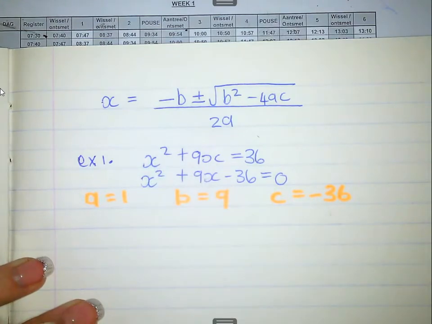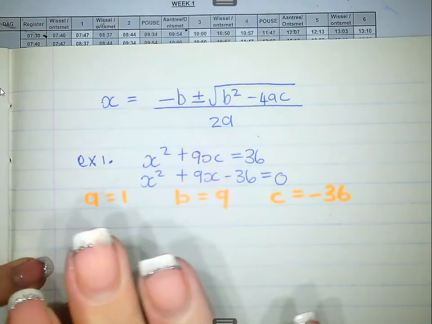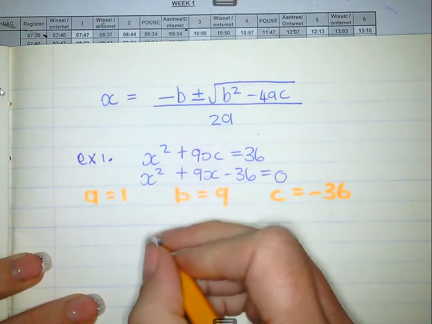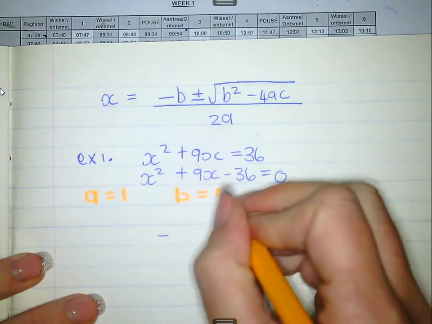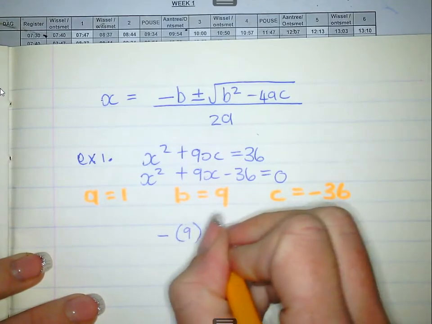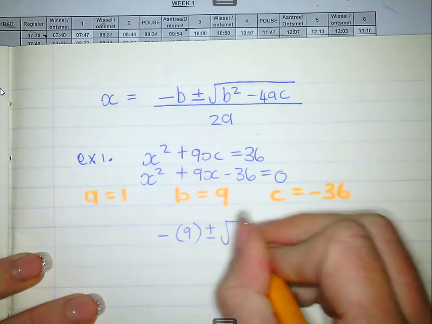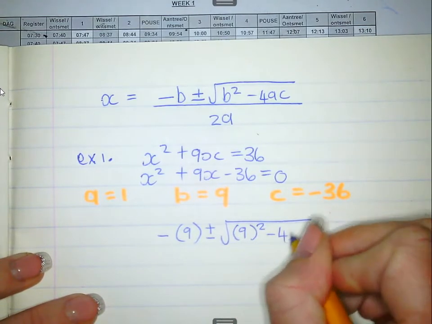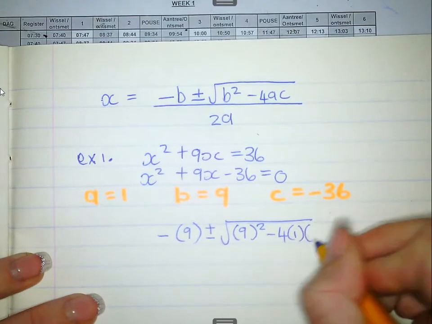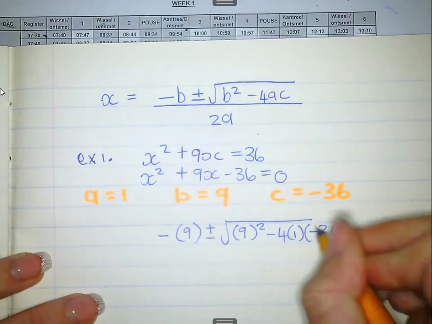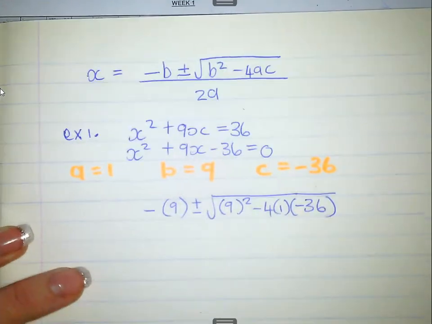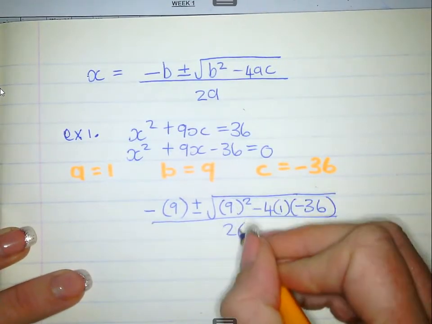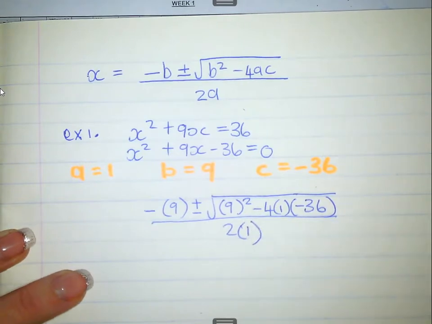So remember, when we substitute, everything has to stay the same except the variable you replace with the answer given. So it's supposed to be minus b plus minus the square root of b squared minus 4 times a times c, divided by 2 times a, and then I close the bracket.